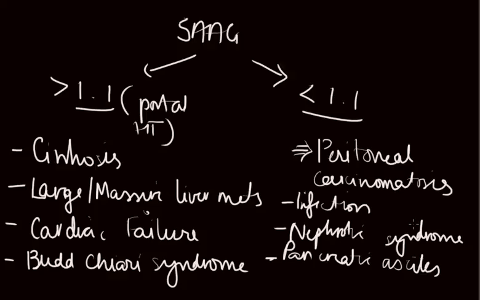There is no portal system involvement in this kind of ascites, and therefore you won't see a high SAAG. So these are the common causes, the common classification of SAAG, a high SAAG ascites and a low SAAG ascites. This is how ascitic fluid is classified, and these are the common differentials of high SAAG and low SAAG ascites.